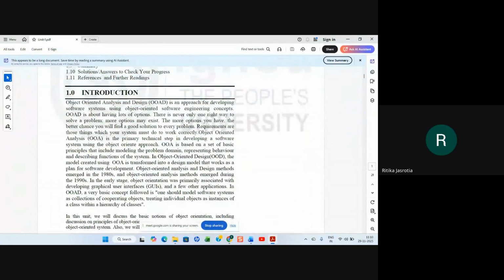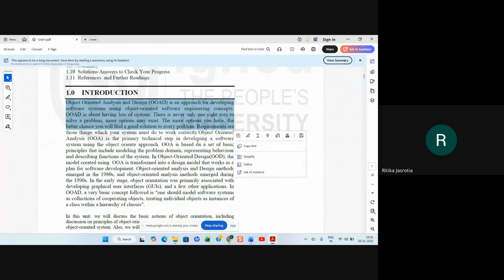They have given you: object oriented analysis and design is an approach for developing software systems using object oriented software engineering concepts. OOAD is about having lots of options. There is never only one right way to solve a problem. More options may exist. The more options you have, the better chance you will find a good solution to every problem. Right. So this is there, and requirements are those things which your system must do to work correctly.